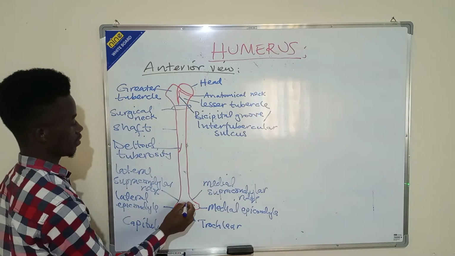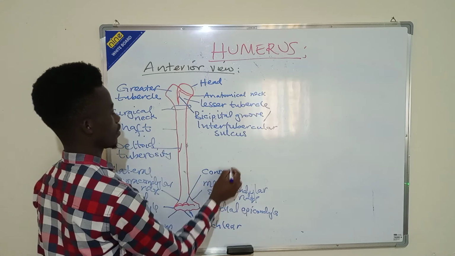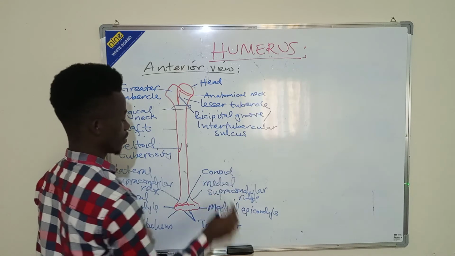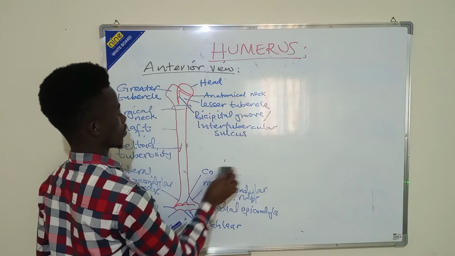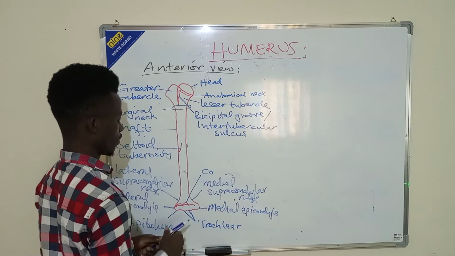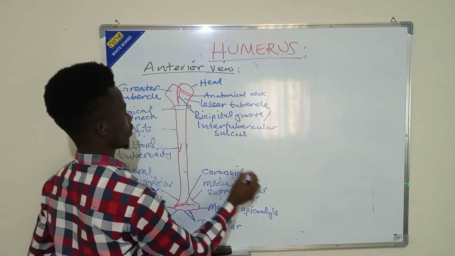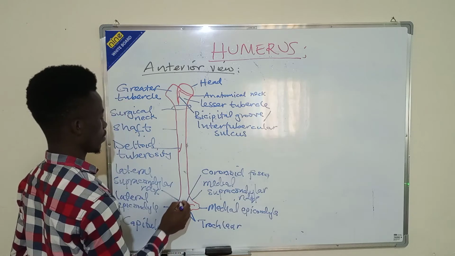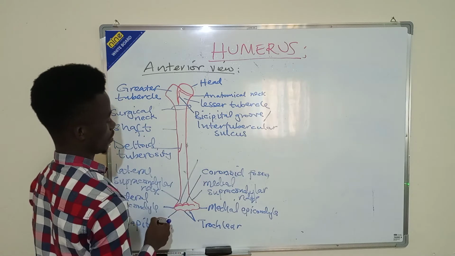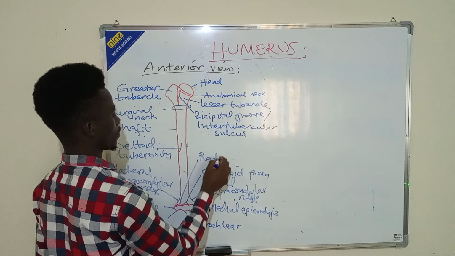The medial one is known as the coronoid fossa. Remember, the word fossa means a depression. Then the lateral one is known as the radial fossa.